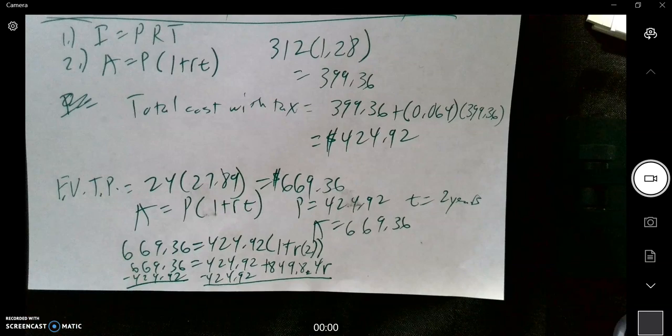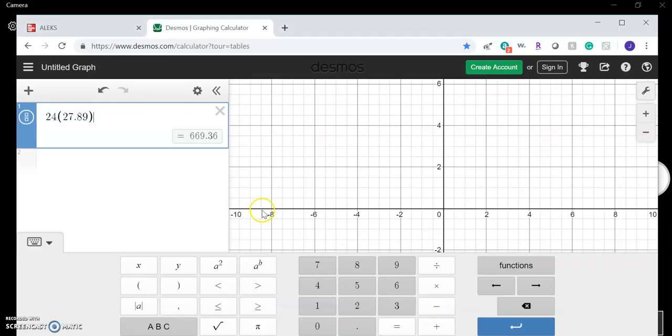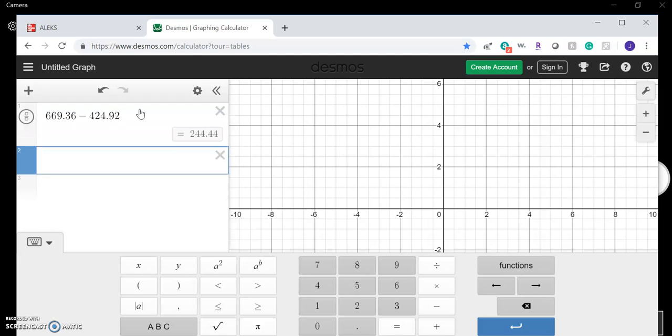Now we could put that in our calculator. So we will have 669.36 minus 424.92, and that would give us $244.44, and that would equal to the 849.84 R.